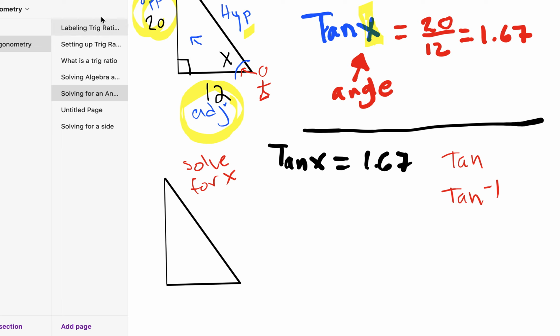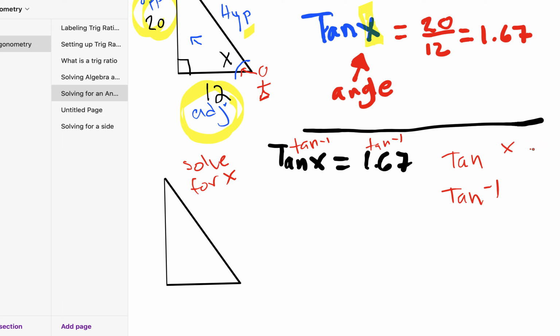So let's go back to that problem we were doing and finish this. What we have here is tangent of x equals 1.67. So we want to separate or get x alone, solve for x. So we're going to apply inverse tangent to both sides, because tangent and inverse tangent are opposites. I've written it here before.